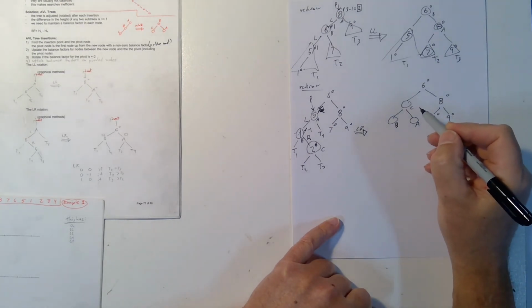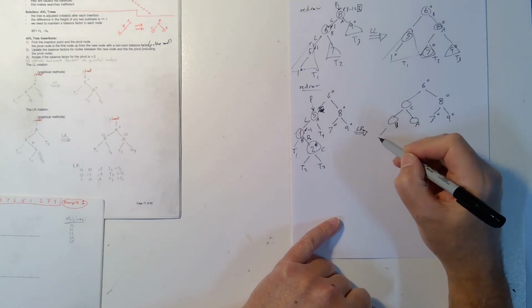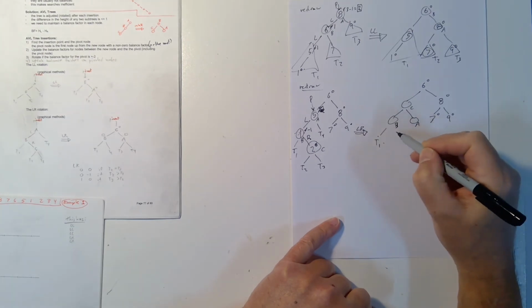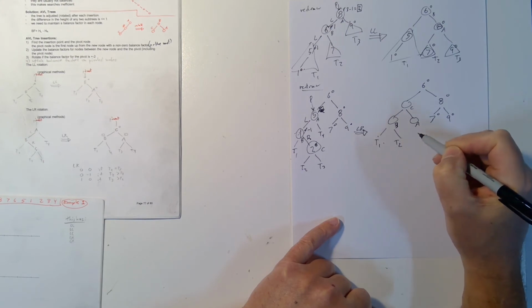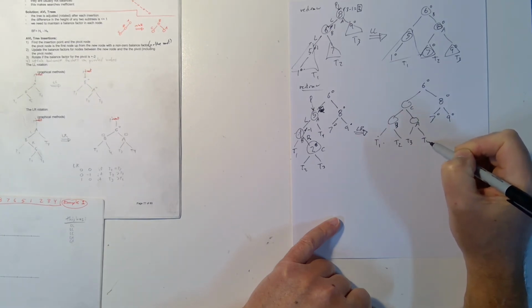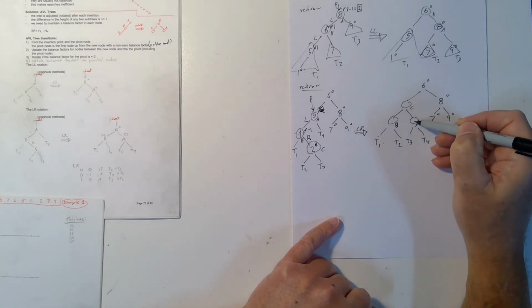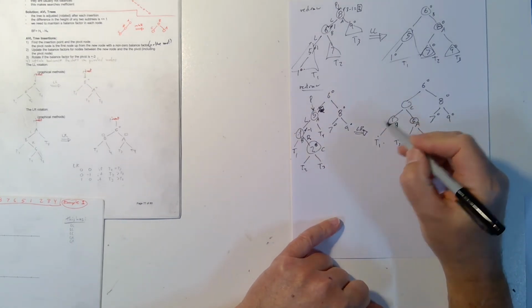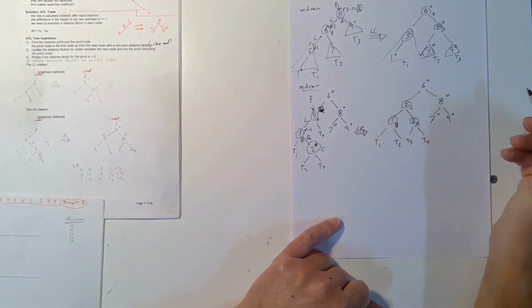So this is going to be subtree 1, which is null. This is going to be subtree 2, which is also null. And this is going to be subtree 3, which is also null. And this will be subtree 4, which is also null. So A is 5, and B is 1, and C is 2.